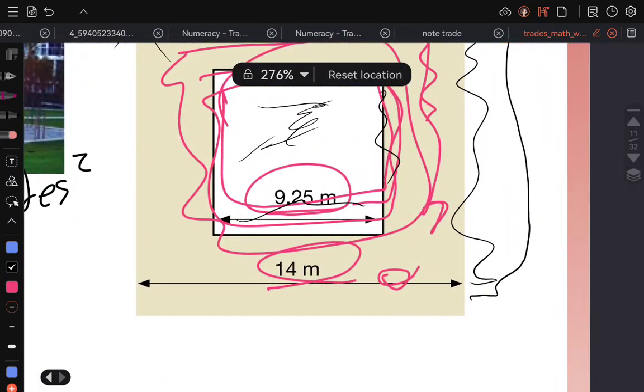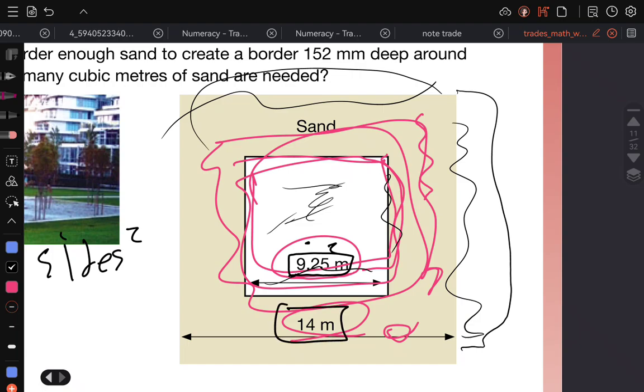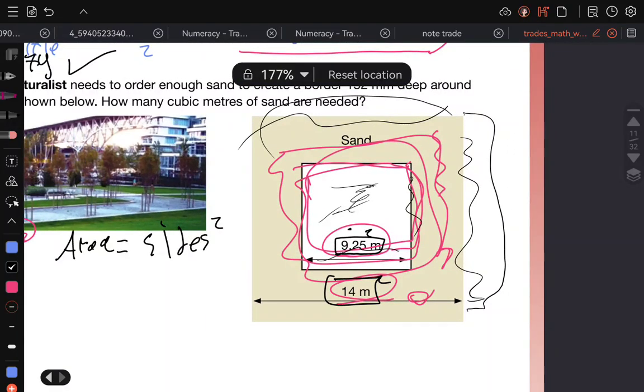As you can see here, the square of this one, 9.25 square, and this one is 14 square. So just by doing that, you will know the whole area.